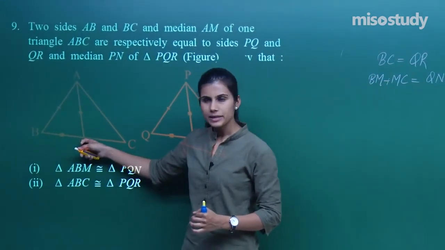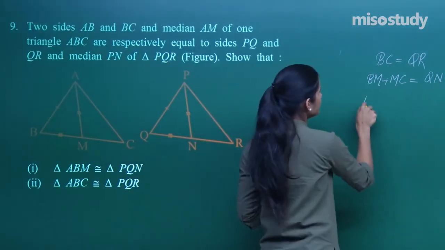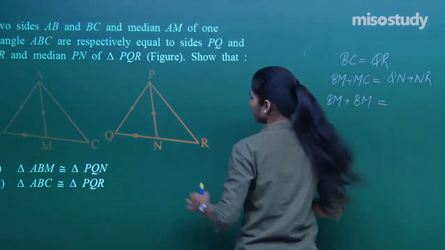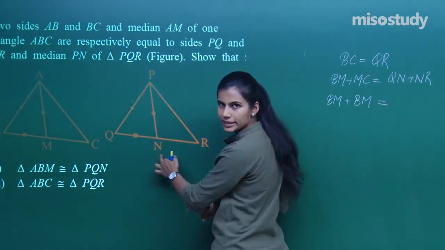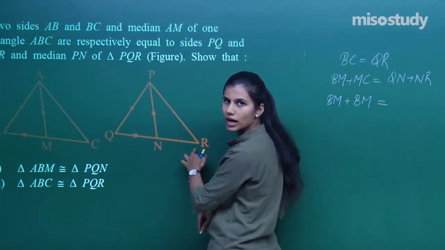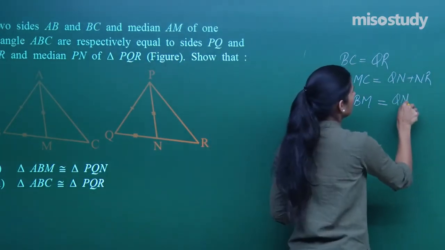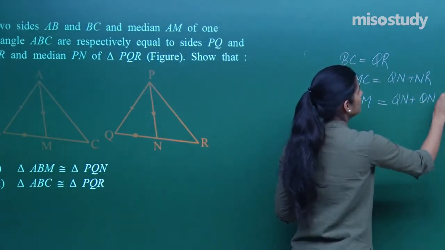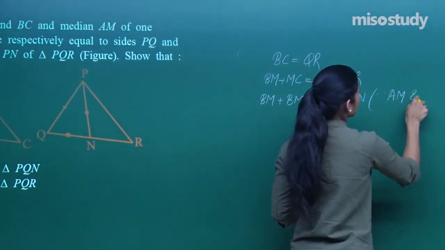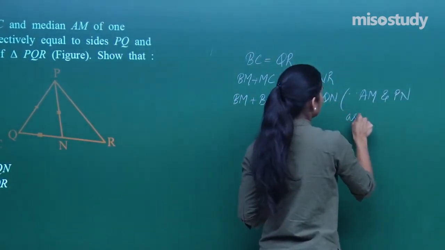But because M is the midpoint, BM is same as MC, so I can write BM in the place of MC. And because N is the midpoint as PN is the median, PN is actually bisecting this side QR into two halves. So N is the midpoint, QN is same as NR, since AM and PN are medians.